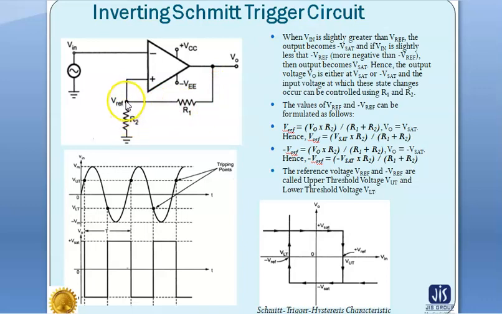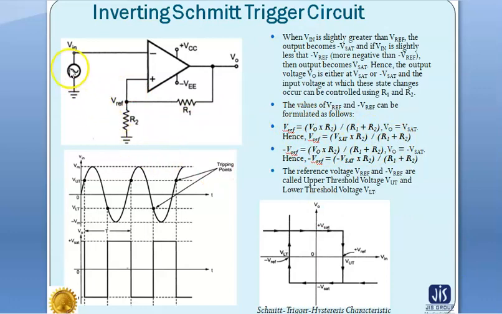Now suppose the output voltage is at plus Vsat. We have earlier said that the opamp output will be at two levels, either plus Vsat or minus Vsat. Suppose the output is at plus Vsat, so the reference voltage will be plus Vsat by R1 plus R2 into R2.